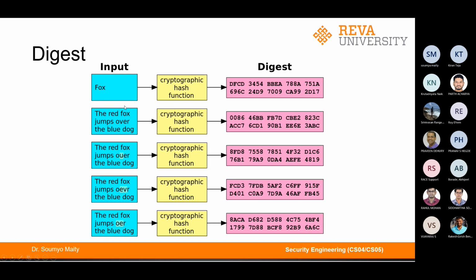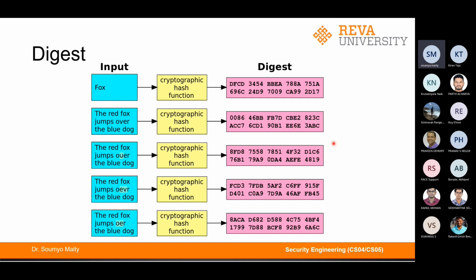Here we apply a hash function on Fox and get this digest. This is the hash value. The problem is that from this hash value, we can never get this particular text, Fox. Now somebody creates a table where he writes: Fox has this hash value, this particular sentence has this hash value.